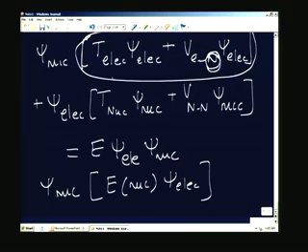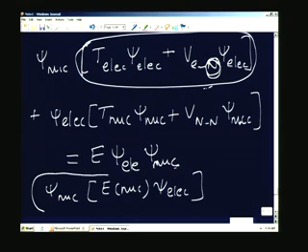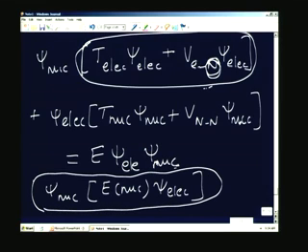This is the Schrodinger equation for the electron problem. T electron psi electron plus V electron nucleus psi electron is the Schrodinger equation for the electron problem, and it gives you, for every value of the nuclear coordinates which determines this potential energy, an E nucleus times a psi electron. This has to be added to this term, the psi electronic T nucleus.